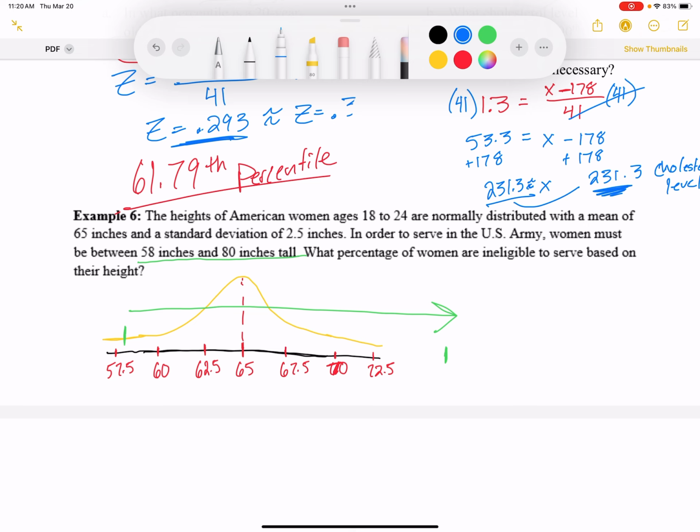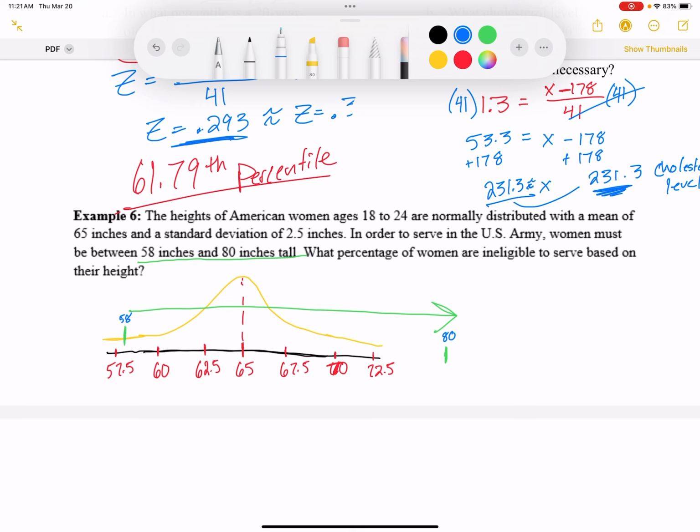And we're probably going to have to use z-scores, honestly, because we don't have 58. So 58 is right here, and then 80 is way up here. So for 58, we need to figure out the z-score. I know it's almost 3 standard deviations below the mean, but we need to figure out exactly.